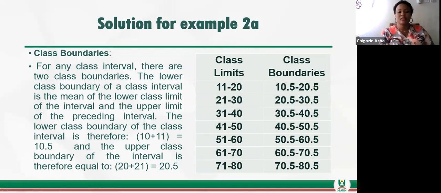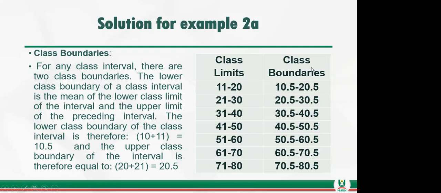So let's look at the class interval. For any class interval, there are two class boundaries. The lower class boundary of a class interval is the mean of the lower class limit. Look at the class boundaries. You can see my pointer.